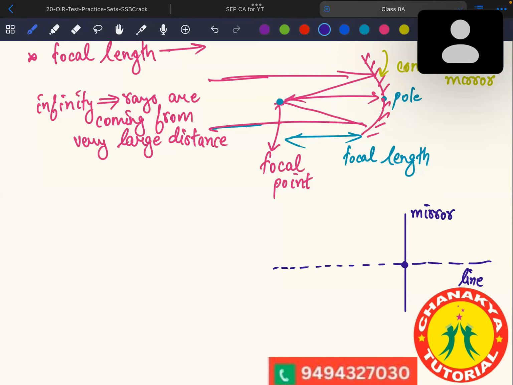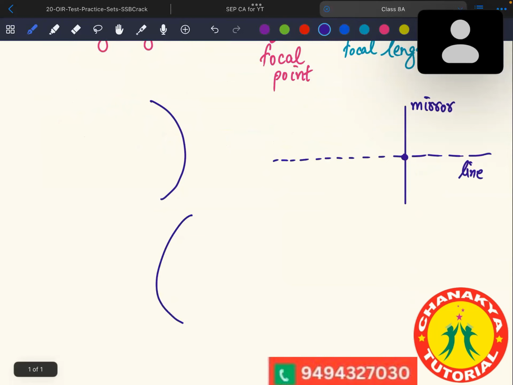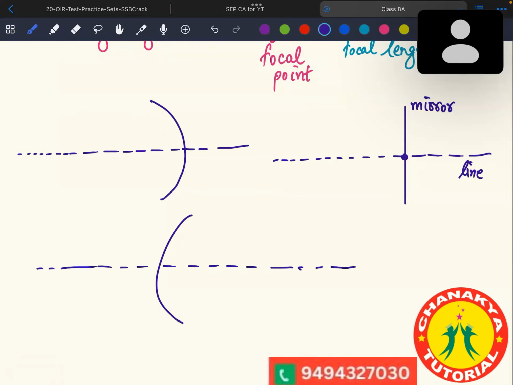Likewise, if we make a concave mirror or a convex mirror, we always make a line which separates the mirror into two halves. We always see that there is a focal point on this line, there is a center of curvature on this line, and there is a pole on this line.